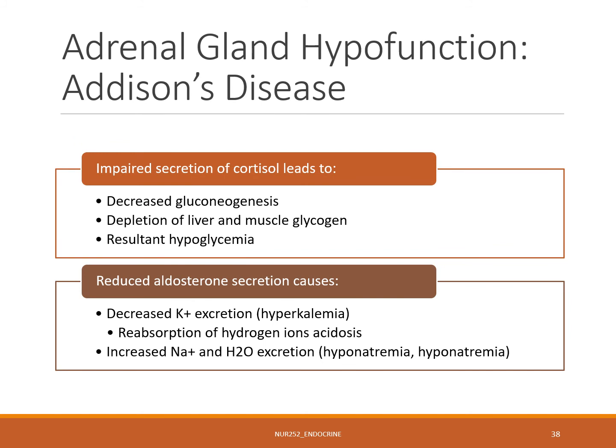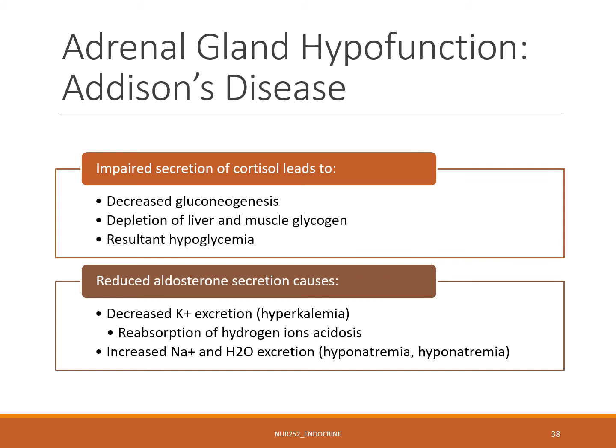In Addison's disease, the production of adrenocorticosteroids may decrease as a result of inadequate secretion of ACTH, dysfunction of the hypothalamic pituitary control mechanism, or direct dysfunction of adrenal gland tissue.